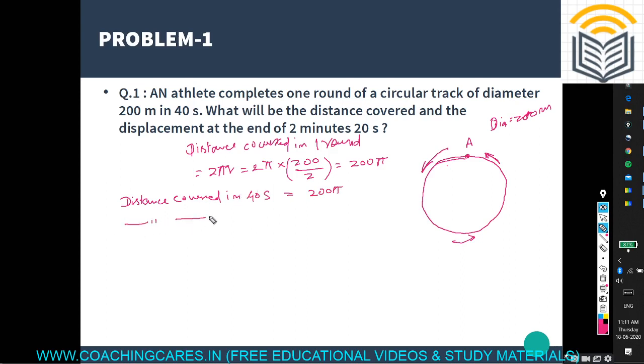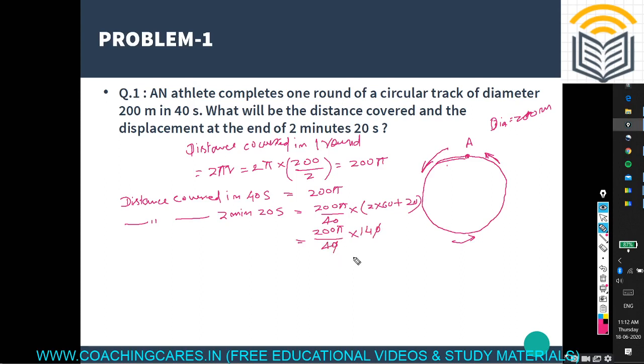Now the distance covered in 2 minutes 20 seconds will be 200 pi divided by 40 into, I just converted the 2 minutes into seconds, 2 into 60 plus 20 seconds, which is 140.